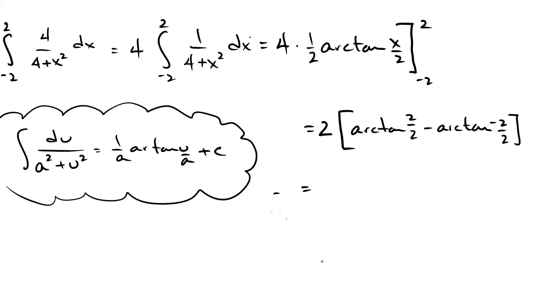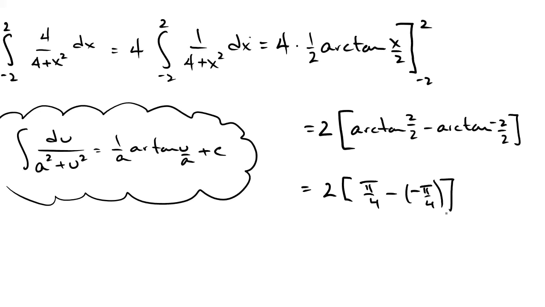We need to go back to our trig tables to evaluate arctangent of 1, and hopefully you can remember that the arctangent of 1 would be pi over 4. Minus, and the arctangent of -1 will be -pi over 4.